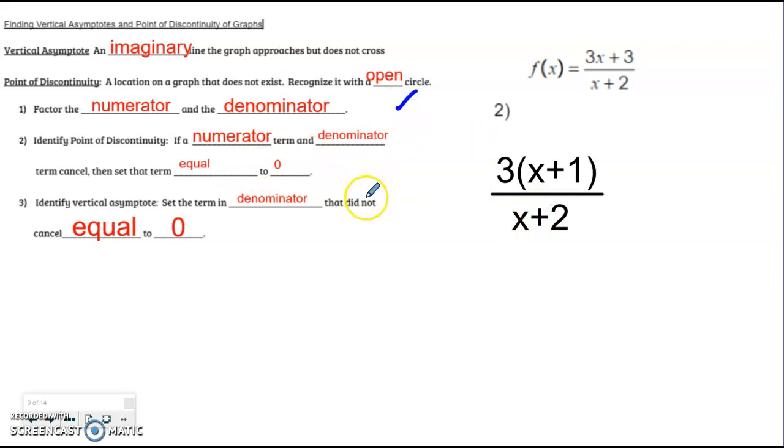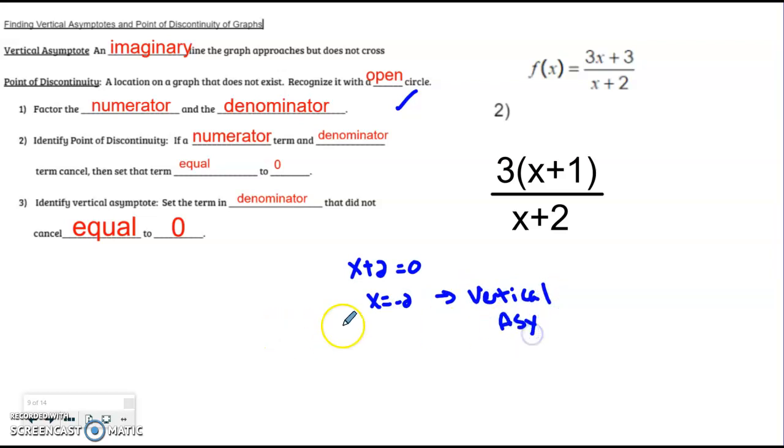No. So we move on to the next step, in which we find the vertical asymptote by setting x plus 2 equal to 0, because that's the denominator, and we get x equals negative 2. This is your vertical asymptote. And once again, in this example, we have no point of discontinuity.